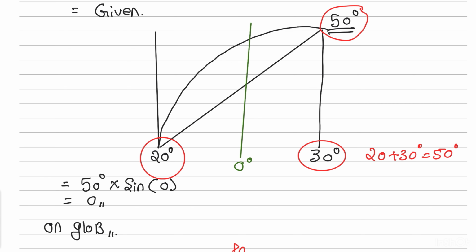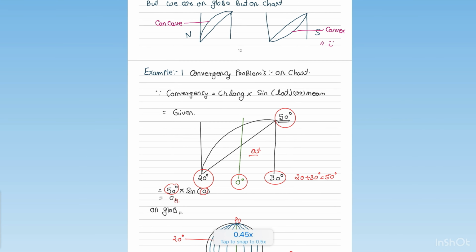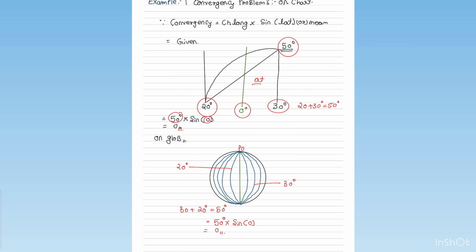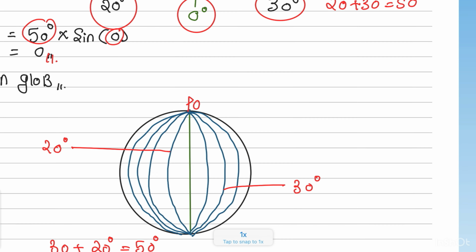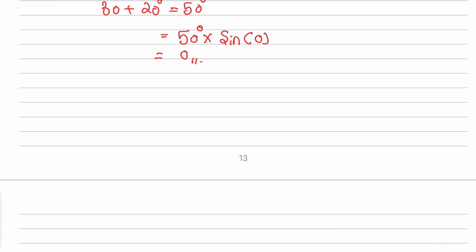As you can see here, there's 50 at 0 degrees, and the total is also 0. So guys, it isn't easy; hence we have to draw a globe if we do not understand it.